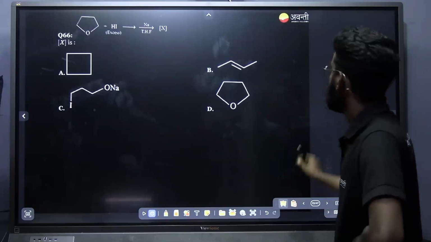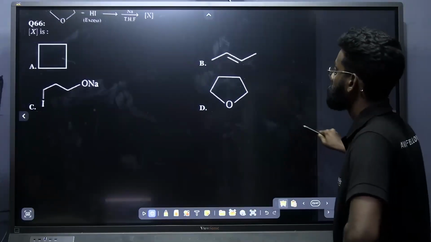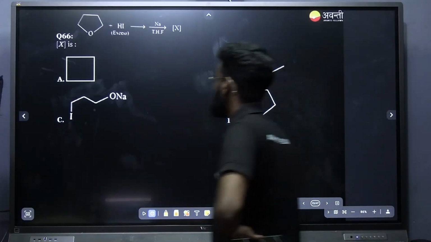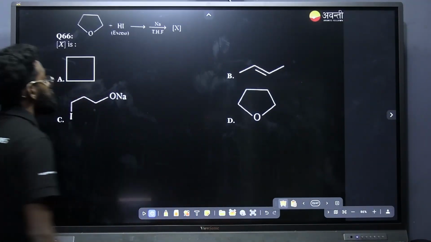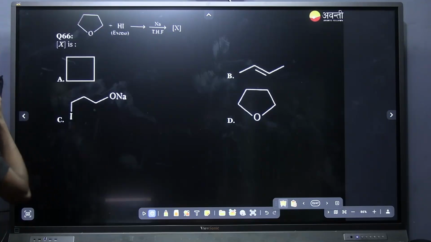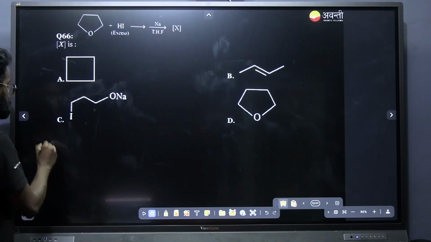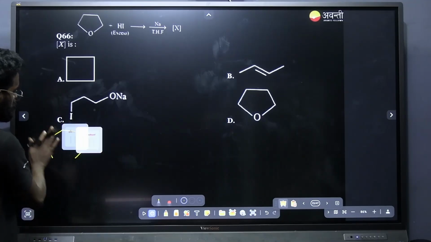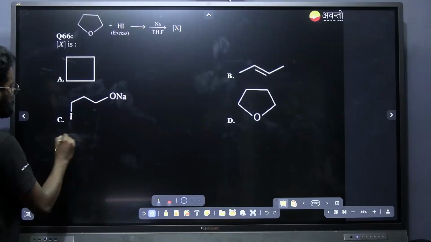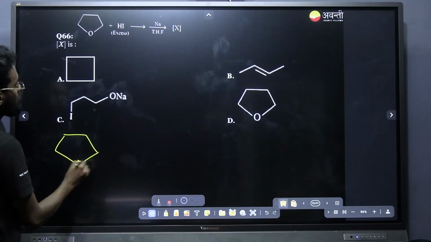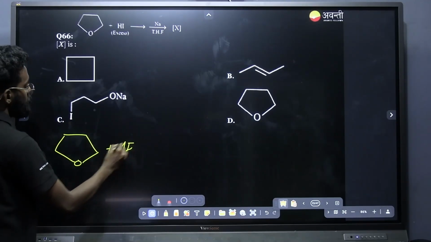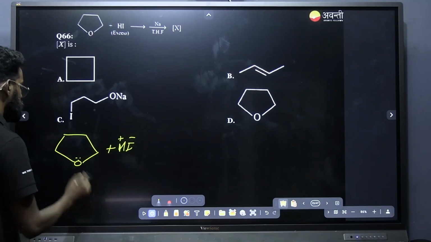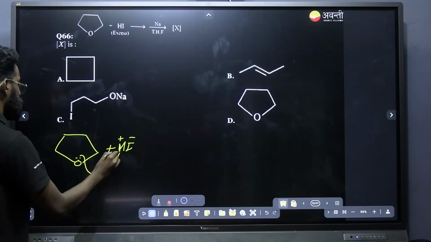Yeah, and either on treating with excess of HI and then on treating with sodium in presence of tetrahydrofuran. What is the product you are getting here? Yes, it's a very simple question, just need to go through the mechanism only. HI, what is going to happen? Here lone pair is there, here H plus and I minus is there, and this lone pair will be attacking on this H plus.